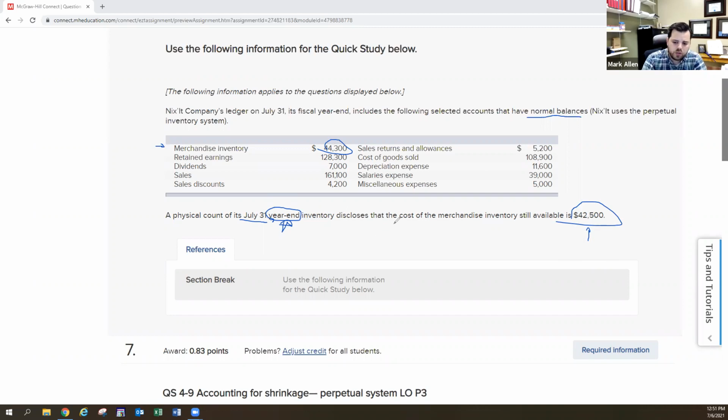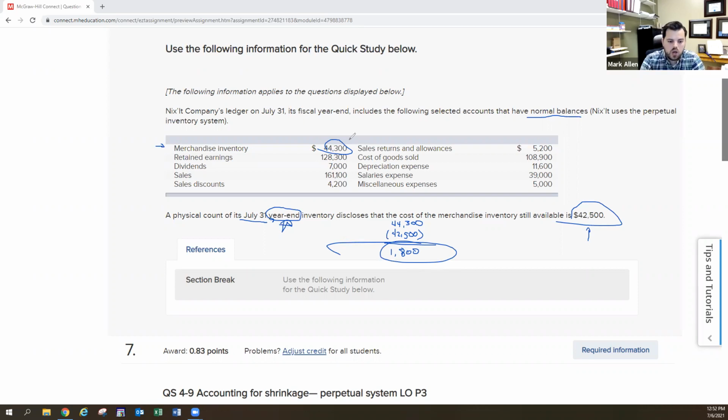So what we're going to have to do is go from what we have right now, 44,300, to what we know this to be, 42,500. And this comes down to a difference here of $1,800. So that tells me that there's $1,800 worth of inventory that I'm missing, right? I thought I should have had it.